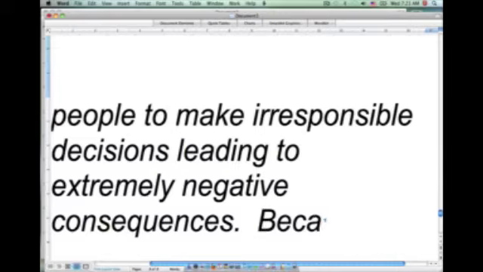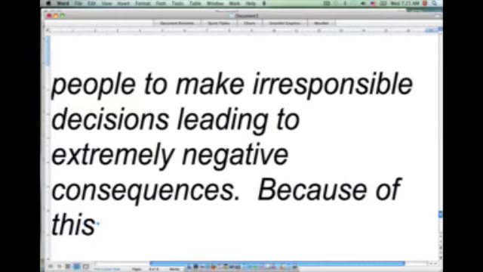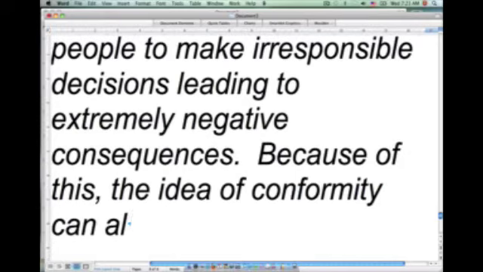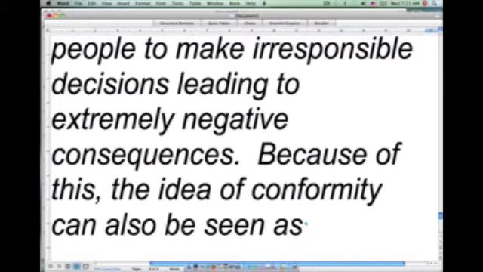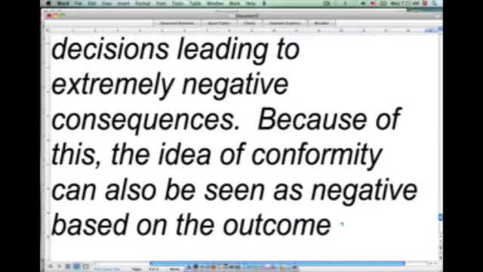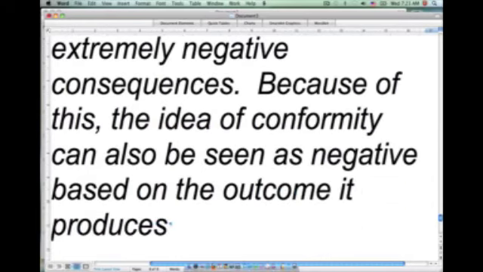So because of this, the idea of conformity can also, keyword here, be seen as negative based on the outcome it produces.